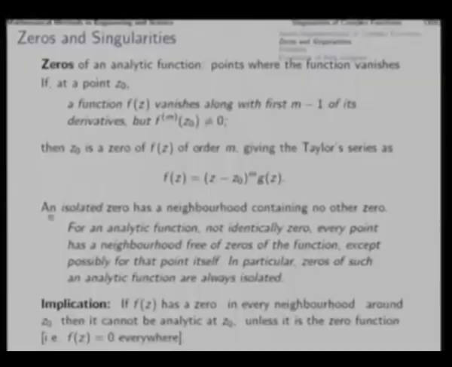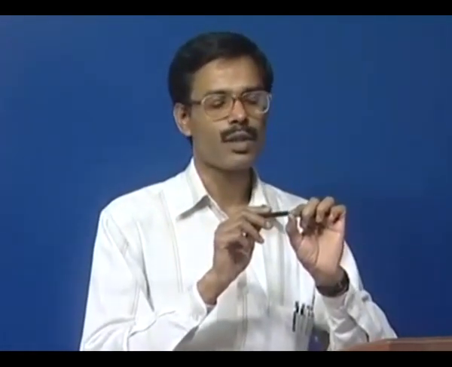Now, there is a concept of a 0 being isolated or not. So, an isolated 0 has a neighborhood containing no other 0. That means, if there is a 0 of an analytic function and then you can include a neighborhood around it in which there is no other 0, in that case, you call that 0 an isolated 0.